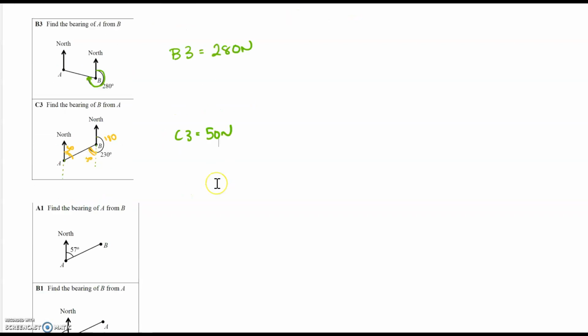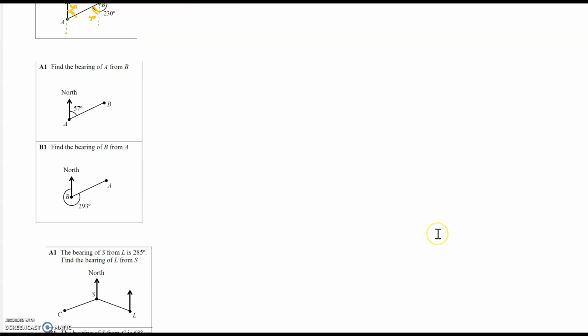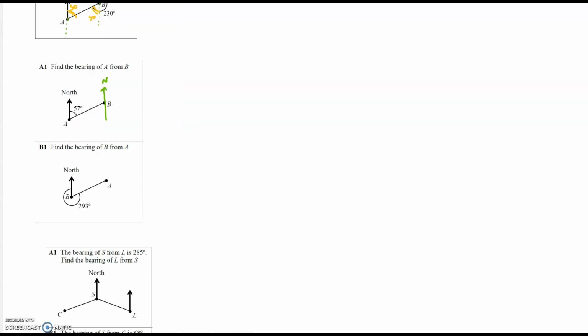Okay, next one, find the bearing of A from B. So in this case I'm starting at B and I'm wanting to find what my angle is to A. Again, in this one I haven't got my north written in there, so I'm going to put my north in. There's north. I know I've got 180 degrees there, and if I'm coming in at this angle of 57 degrees, I also have my alternate angle of 57 degrees.